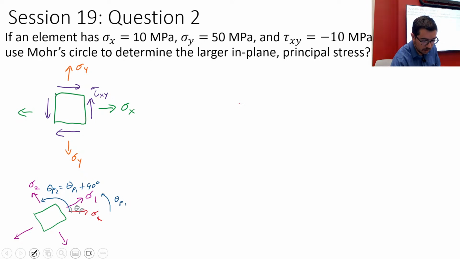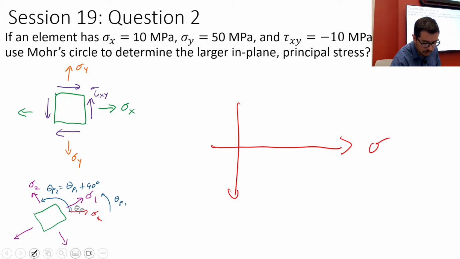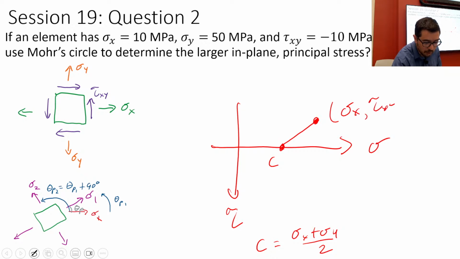You're going to be looking at this type of system. This is the sigma axis, this is the tau axis. Let's say this is the center. That center is at the average of these. In this case, we have our sigma x, tau xy up here because this is negative.